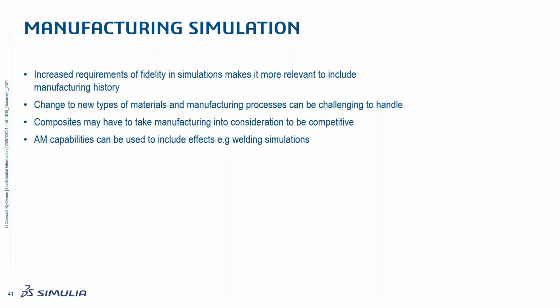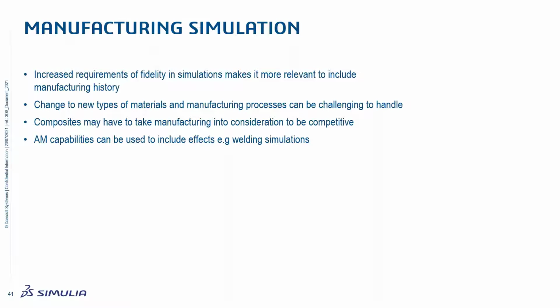A few years ago, the commercial aerospace industry made the transition from mostly aluminum structures into composites, for example, and that's a good example where simulation became a very important tool in order to help us validate those designs. Additive manufacturing has also become a manufacturing capability that comes into consideration occasionally.